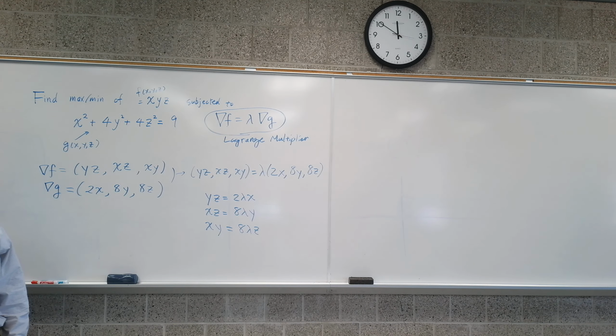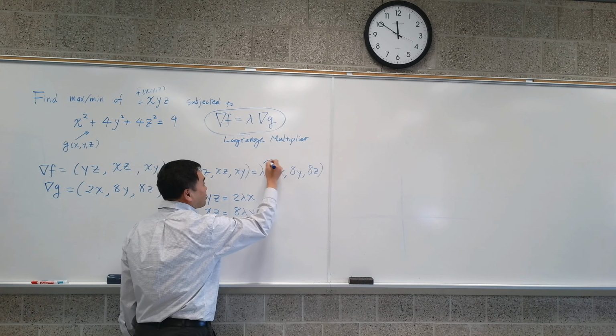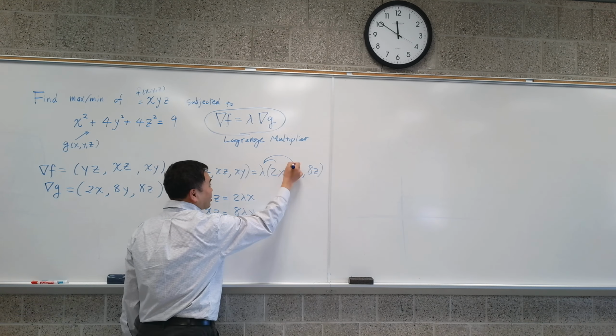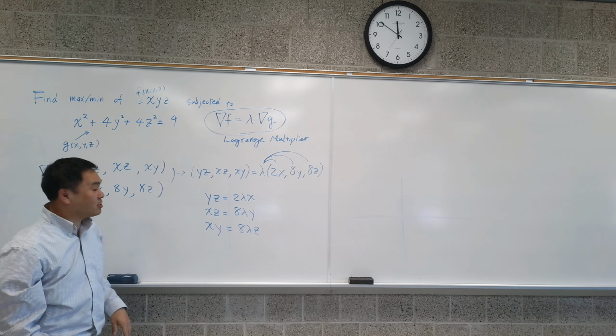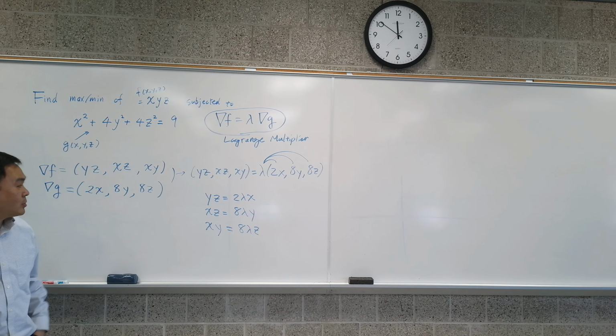I obtained these by simply multiplying lambda to each component and setting them equal. So 2x times lambda is 2 lambda x. Usually you put the constant in front, and that matches with yz, so yz equals 2 lambda x, and so on.